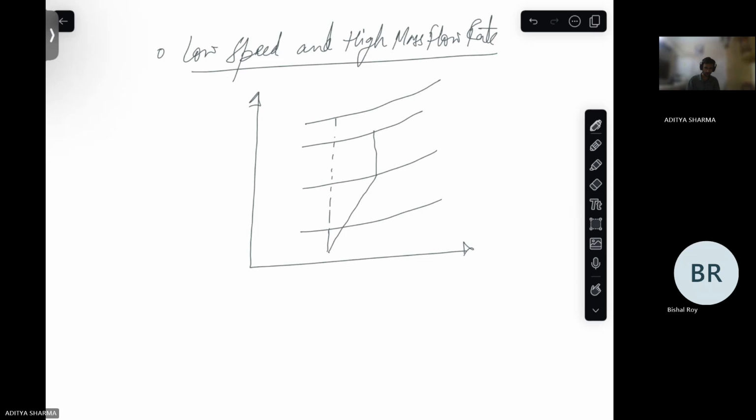These two points should fall vertically on the same level. This is A, this is 1. This is pressure at inlet. This is P2, this is P02, this is P01.